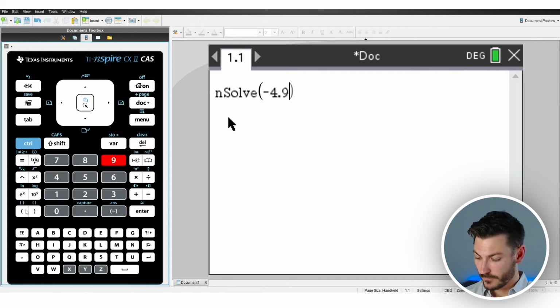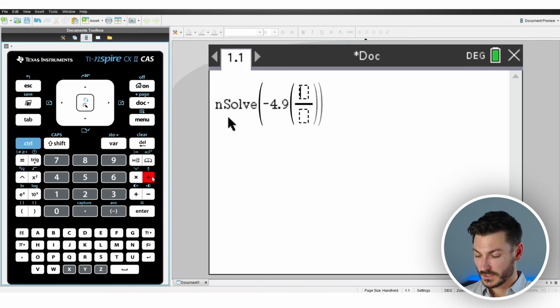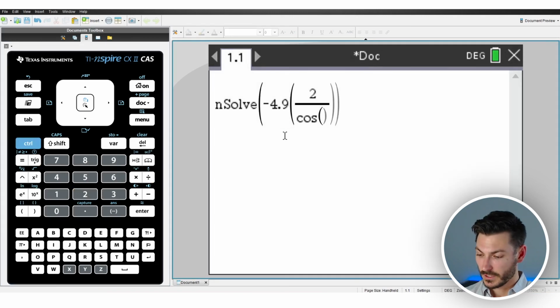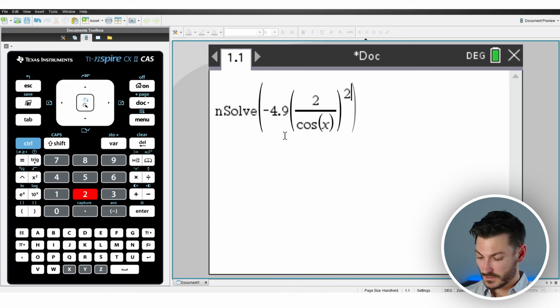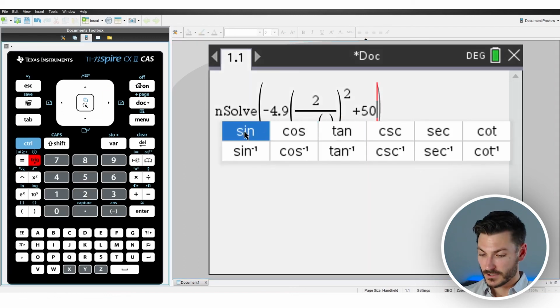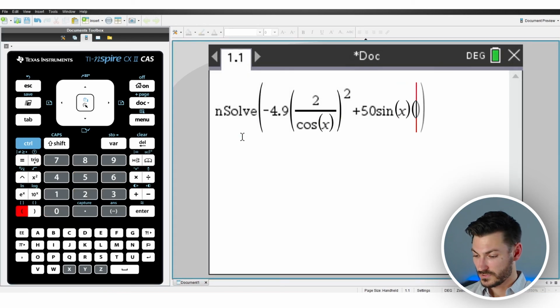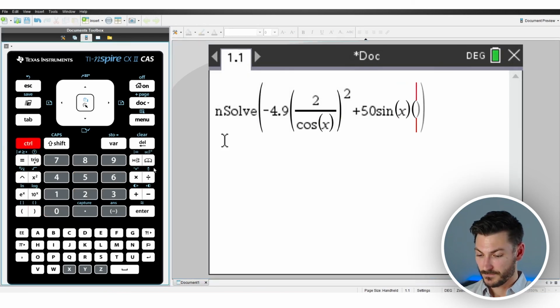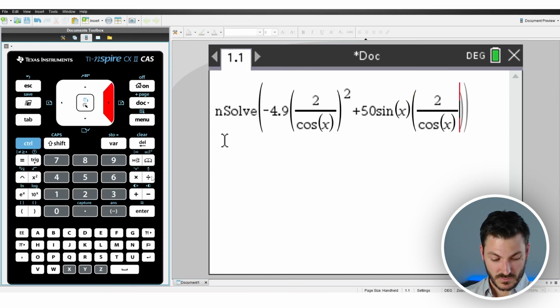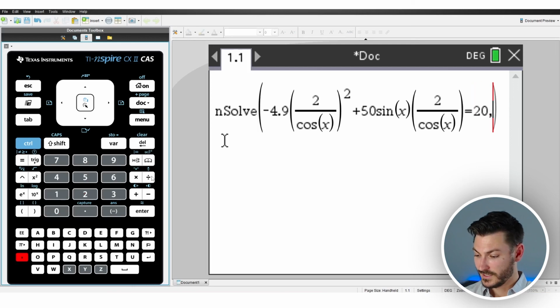I'm going to have negative 4.9 lots of a fraction, control divide, 2 over cos of, I'm just going to call it x for my angle for now, all that squared, plus 50 sine of x times another fraction, 2 over cos of x, close bracket, equals 20.